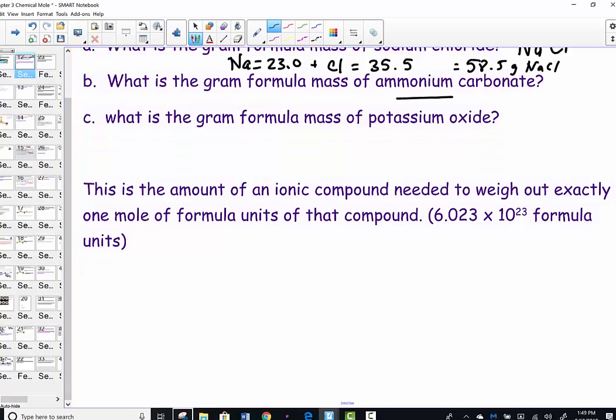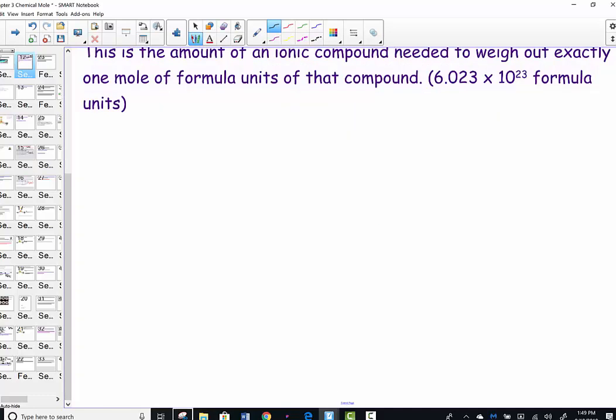Ammonium carbonate. I'm going to bring that down so I can write bigger. Ammonium is our positive polyatomic ion. It's found on the polyatomic ion chart way to the right-hand side, kind of down low. You see it? There's just one positive polyatomic ion called ammonium.